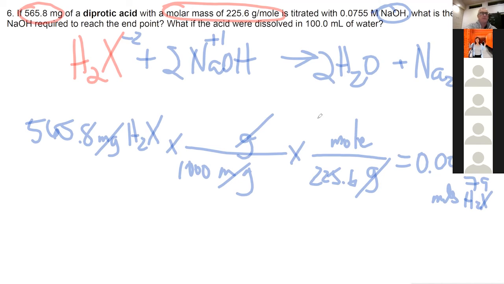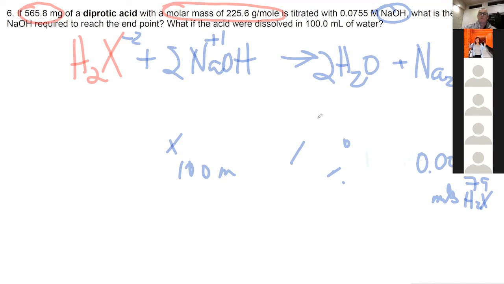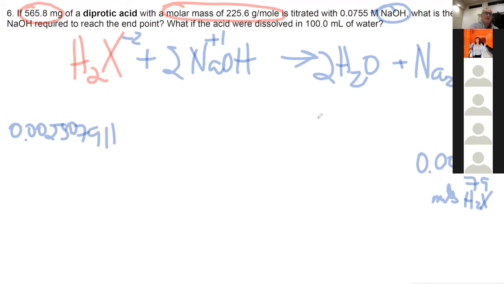So that's how many moles of H2X we have. So what do we do with that information to get to volume of sodium hydroxide? How do I go from that to volume of sodium hydroxide?